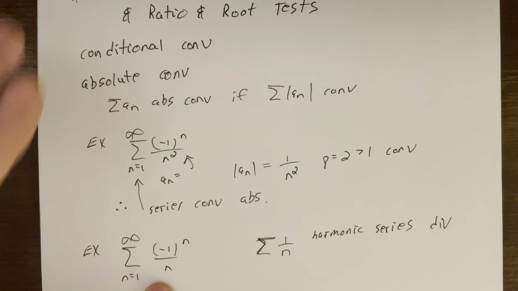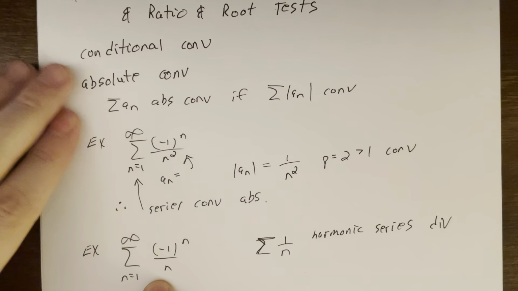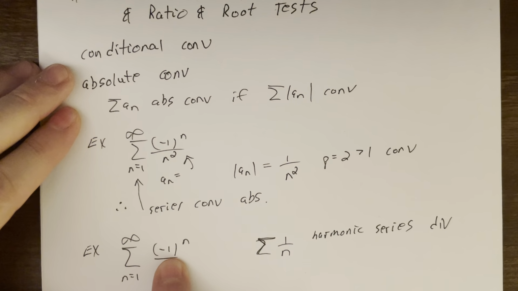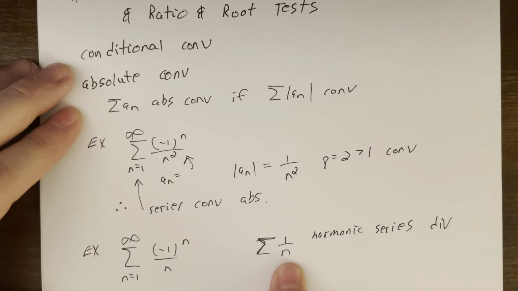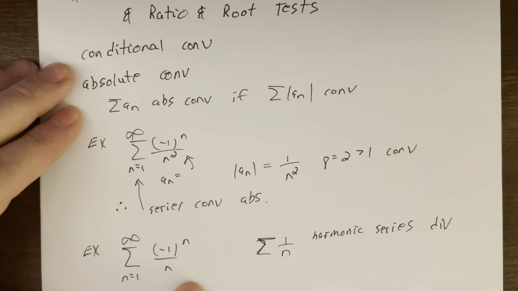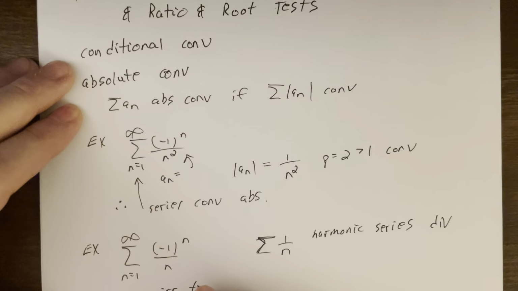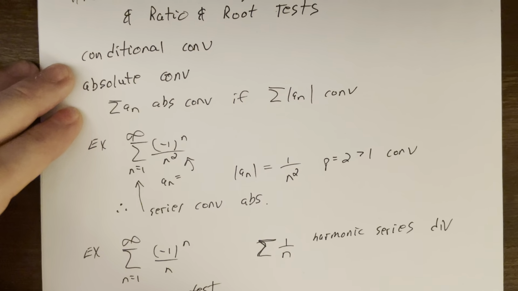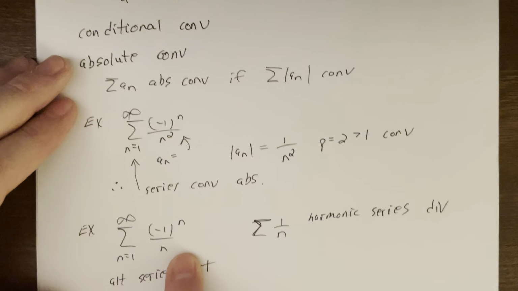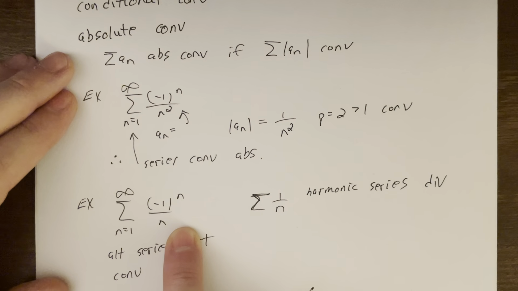But now if you continue to work on this, you can note that it is an alternating series. 1 over n would be the b sub n. This does go to 0 as you take the limit. This is decreasing. So you could conclude, and I'm not showing you the work, but by applying the alternating series test, you would find that this series does indeed converge.